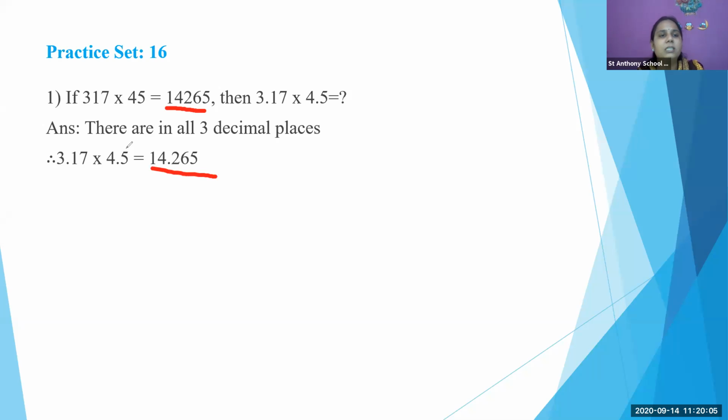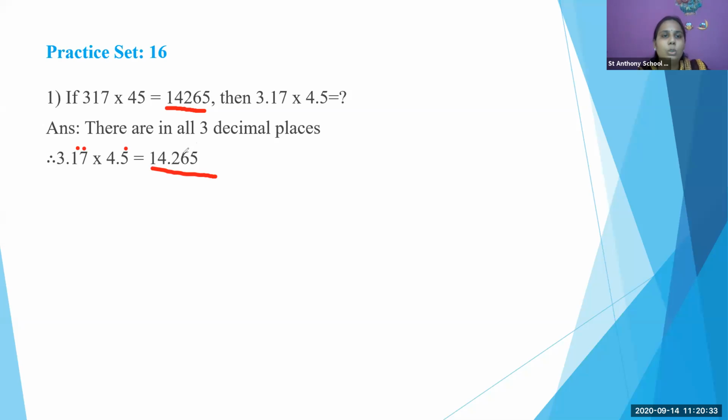Now how many digits are there after the decimal point? 3.17 has 2 digits, and 4.5 after the decimal point has 1 digit. So 2 plus 1 is 3 digits. So we will shift our decimal point after 3 digits.